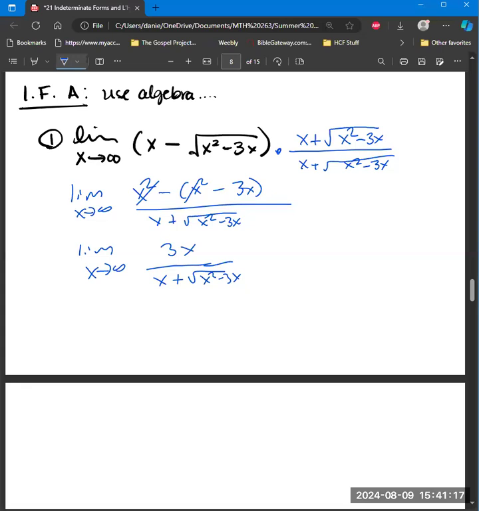Then we want to apply L'Hopital's rule if we can. I want to just make sure this isn't going to take me around in circles when I do this. So let's try this L'Hopital's rule.